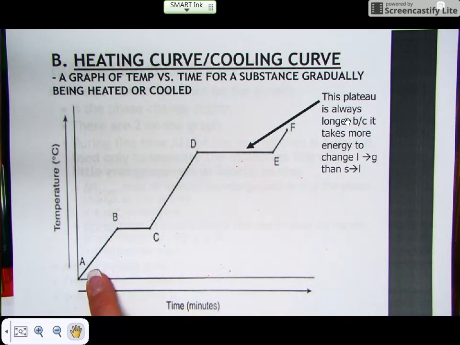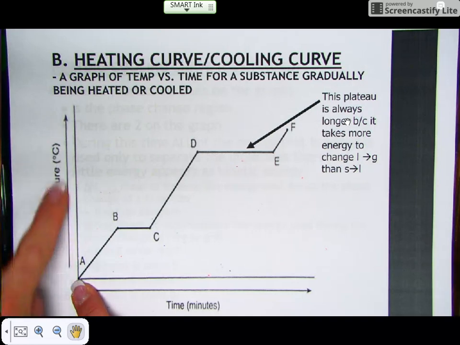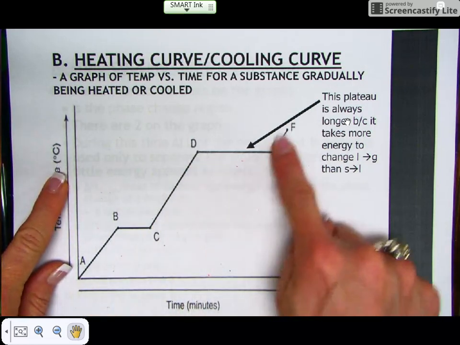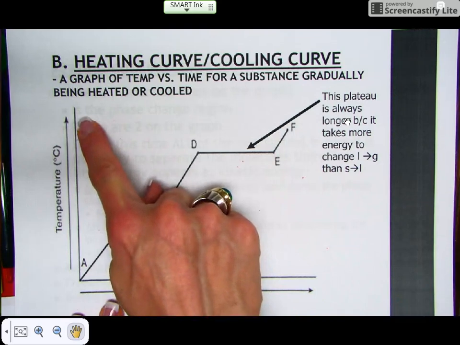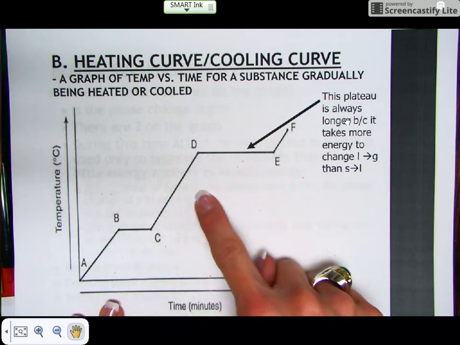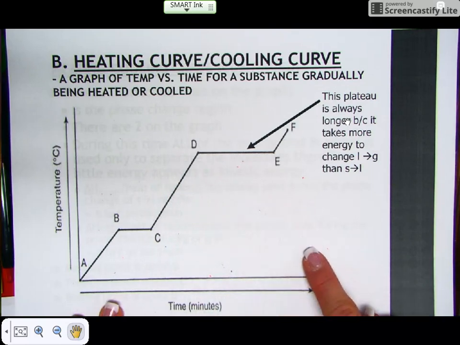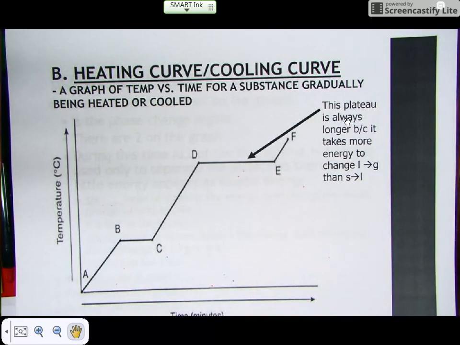Here we're looking at a heating curve because you can tell that over time the temperature is increasing. That means you're heating it. A cooling curve would have the same characteristic shape, but it would start off at a very high temperature and come down, plateau, come down again, plateau, and then come down again as you cooled it over time. But for our notes, we're going to look at a heating curve.